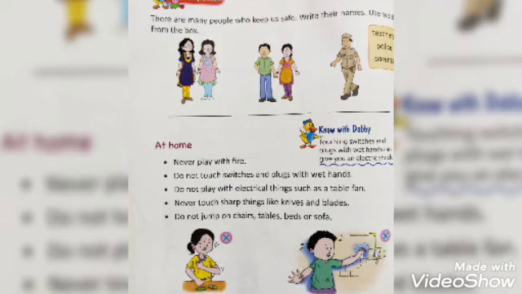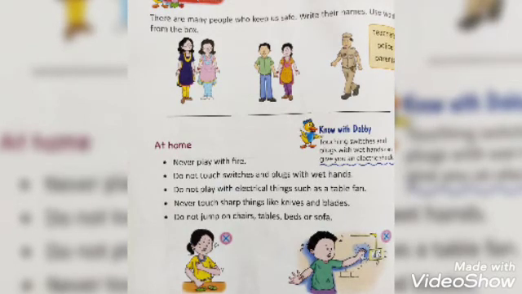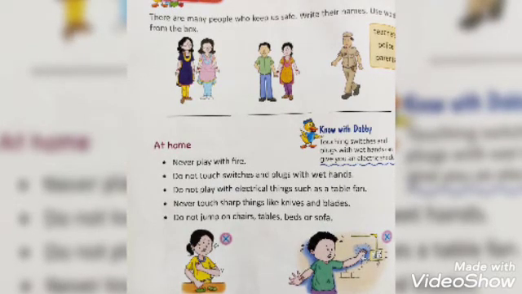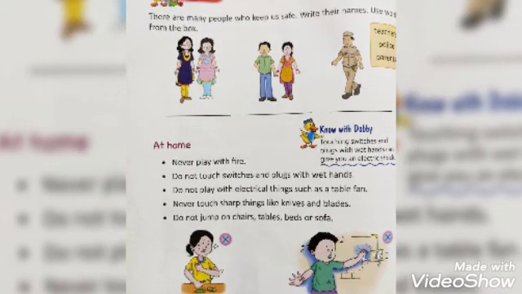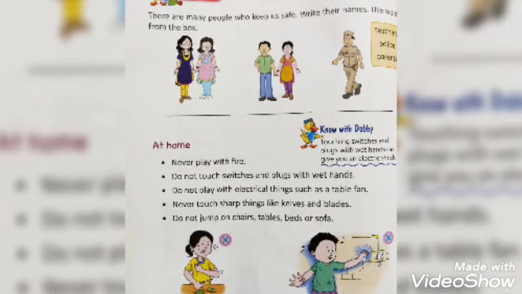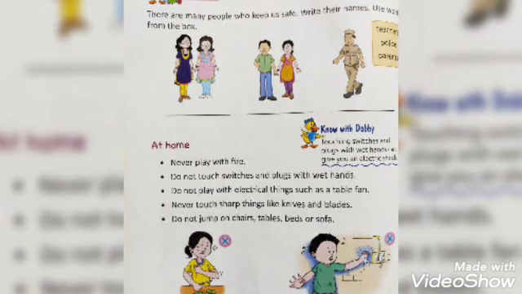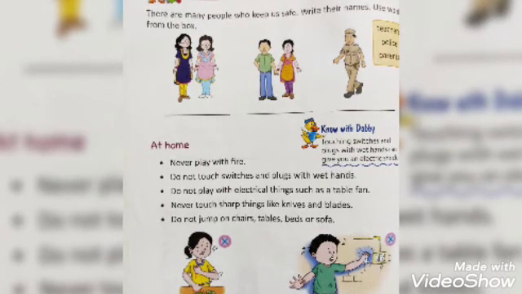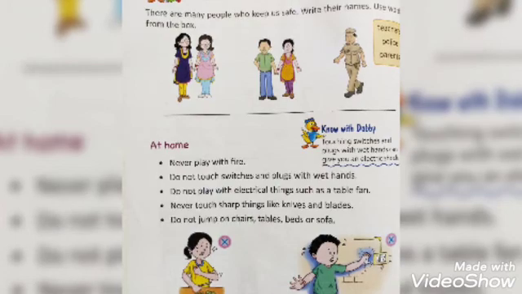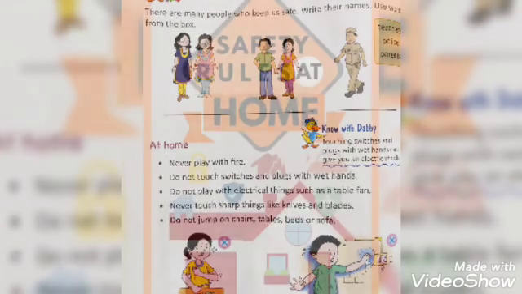Next, do not put your arm or head out of the bus. This is a very important rule, children. Always remember that while you are inside the bus, you must not put your arms or head outside of your bus.